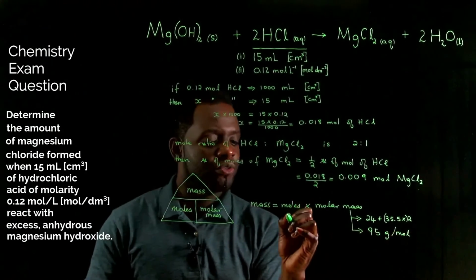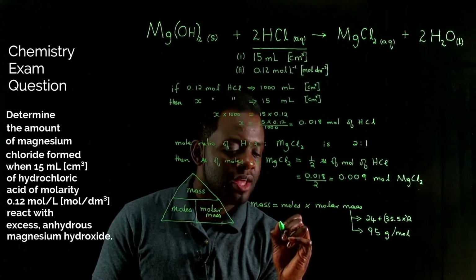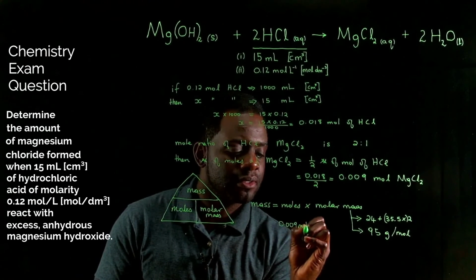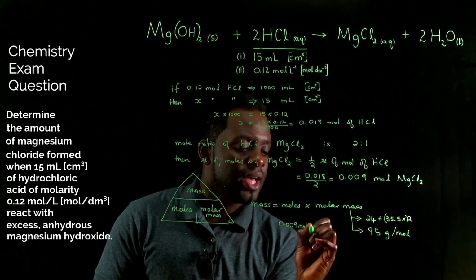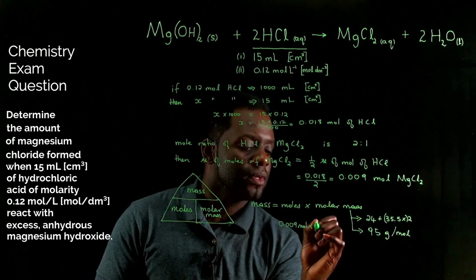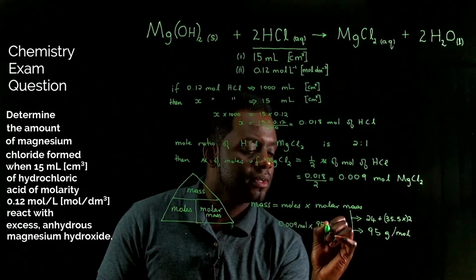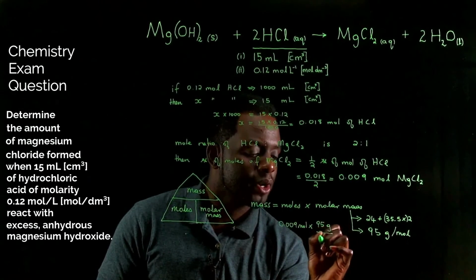So coming back over here, the number of moles is 0.009 moles times 95 grams per mole.